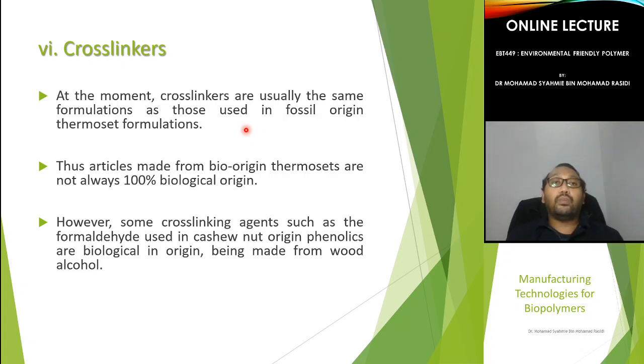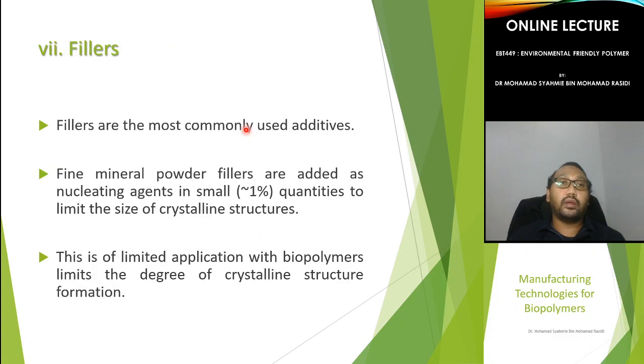So, to make it more biological, biological-origin crosslinker additives need to be implemented. An alternative is cashew nut origin phenolic, which is biological in origin and made from wood alcohol.